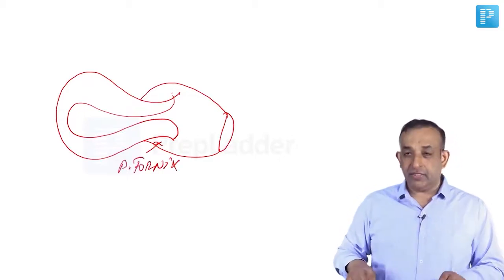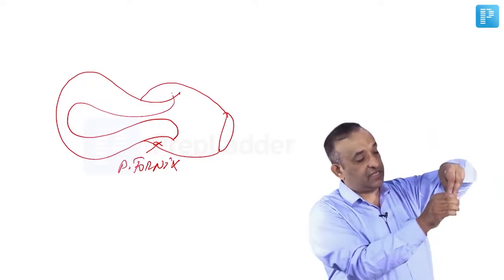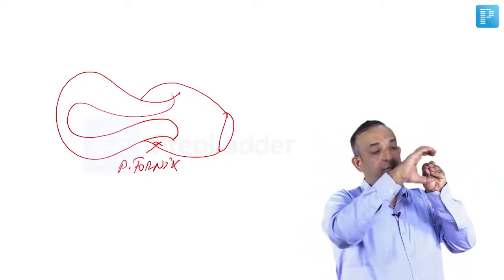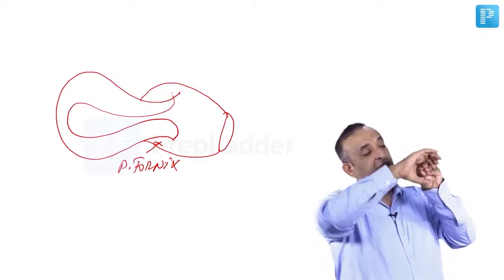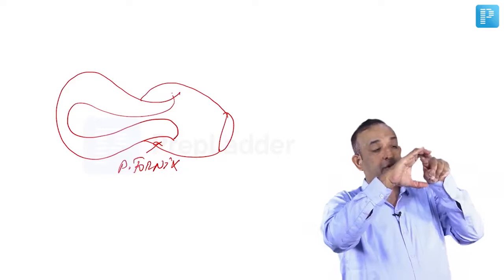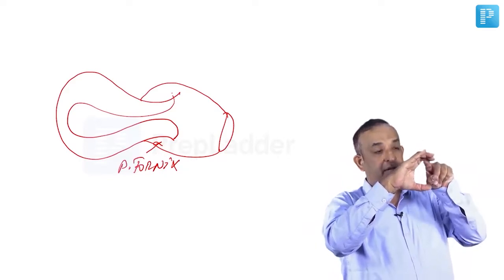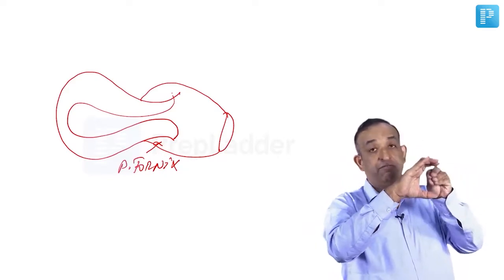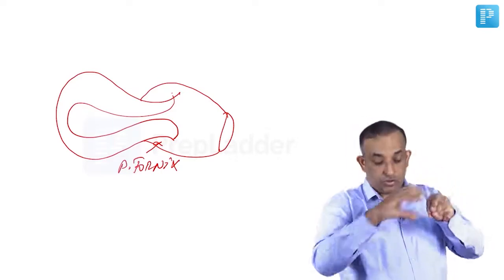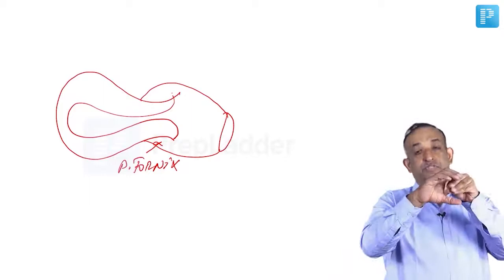If you imagine the uterus like this, and this is the vagina, the vagina all around the cervix makes 4 fornices: anterior, posterior, left and right. There are 4 fornices, 4 corners rather, in an easy way to understand. This is the posterior fornix.